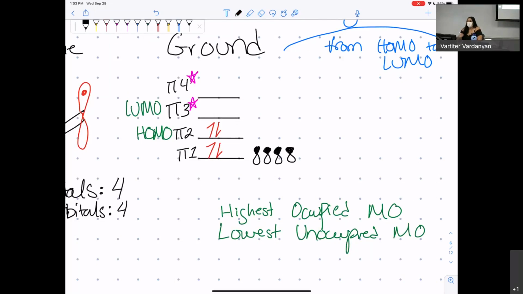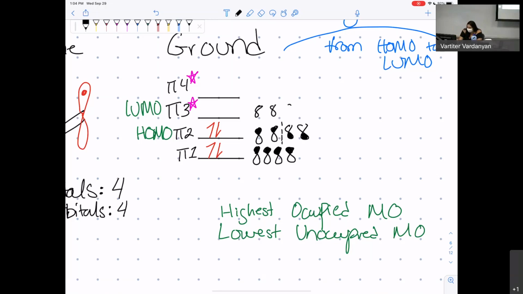And then each time we go up an energy level, we're going to introduce a node. That node is a spot where the coloring switches sides. So up here, we're going to have 1 node, and I'm going to put it in the middle. That means we go from up to down. And this flip means that it's higher energy. So that's why this orbital is higher energy than the one before it.